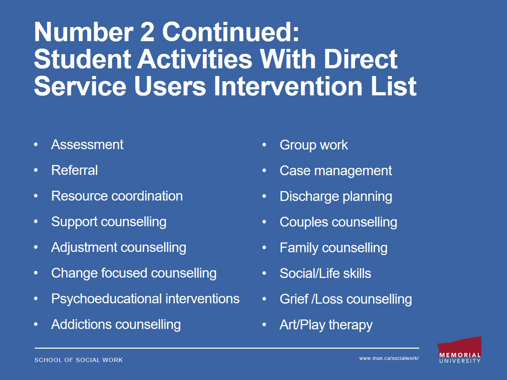So that just gives you an indication of some of the interventions you may be doing with direct service users. There is no limit as to the amount of time or interventions that you have to spend with a client. We recognize that every agency is very different.